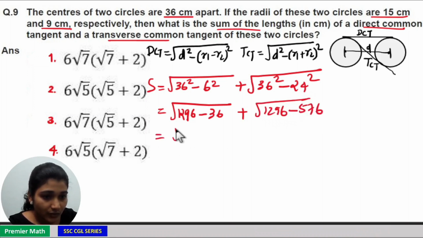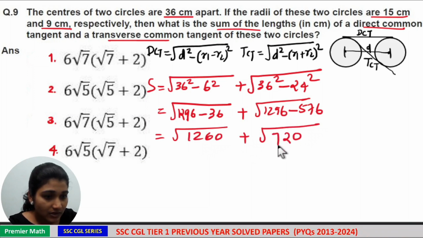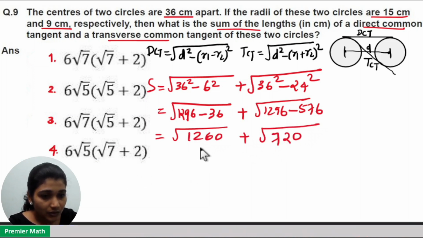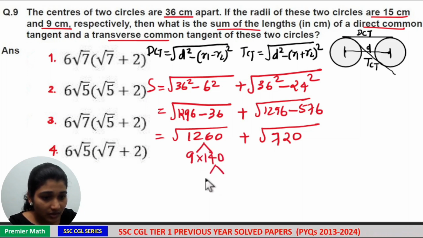Now this is equal to root of 1296 minus 36, which is 1260, and here 6 minus 6 is 0, 9 minus 7 is 2, 12 minus 5 is 7. Now here root 1260, digital sum is 9, so 9 into 9 goes 1 time in 12, 4 times in 36, and here 0 again 140.